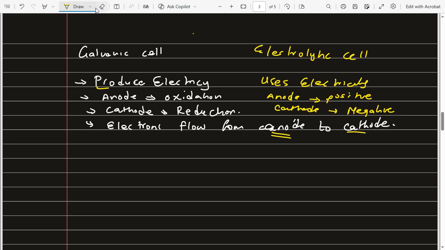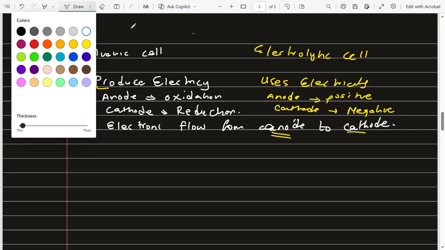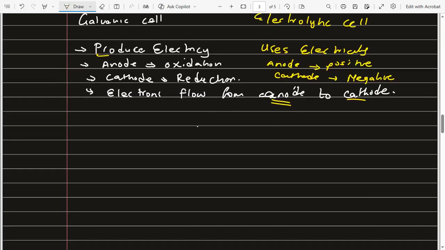Now let me give you the most important memory trick. We have OIL RIG, which tells you that oxidation is loss of electrons and reduction is gain of electrons.